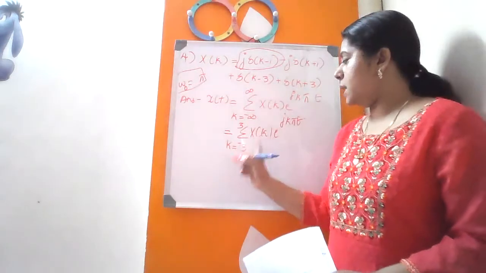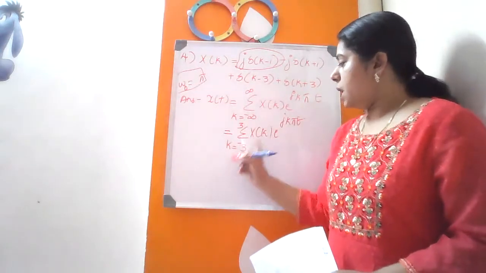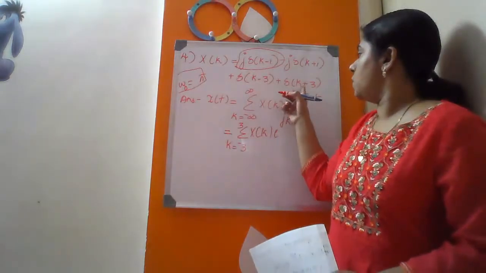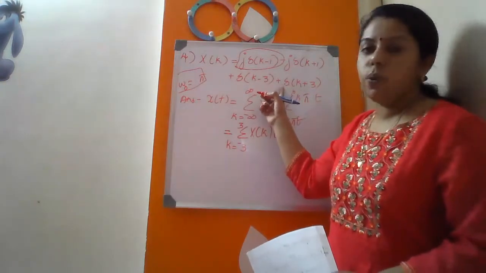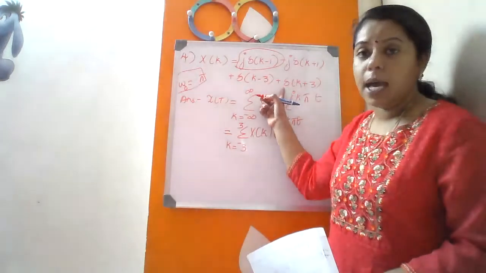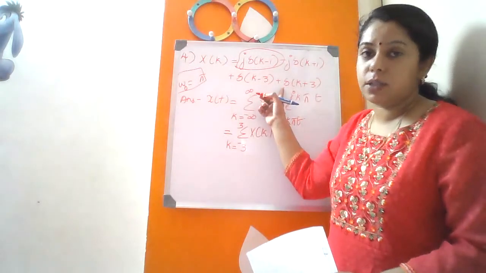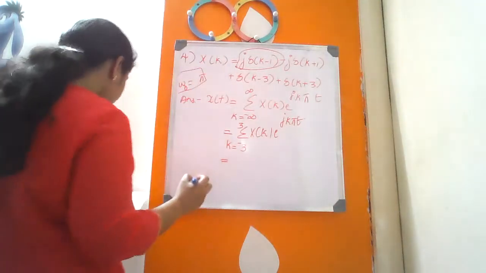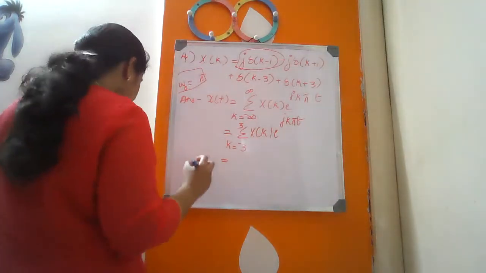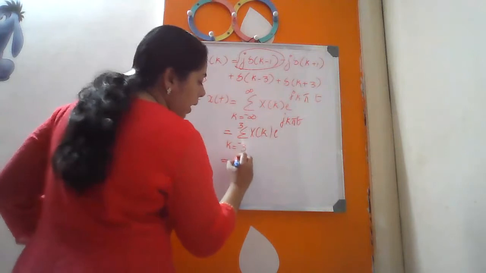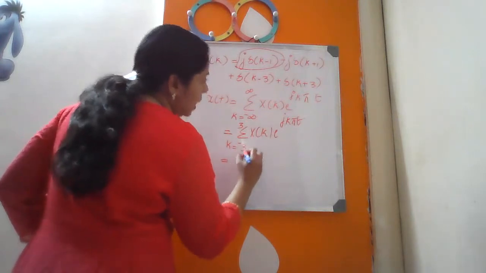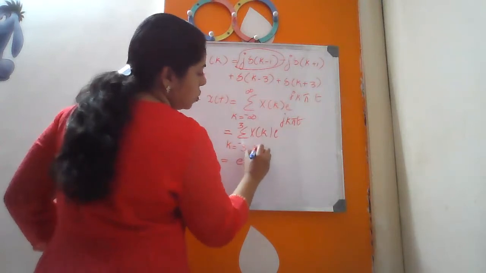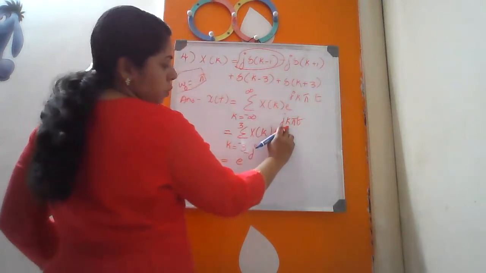So now just tell me what is at k equal to minus 3. At k is equal to minus 3, my value is 1. I don't have any multiplication factor on this impulse function. So at k equal to minus 3, my amplitude is 1, that is 1 e power minus j 3 pi t. The minus is coming because k value is substituted as minus 3.